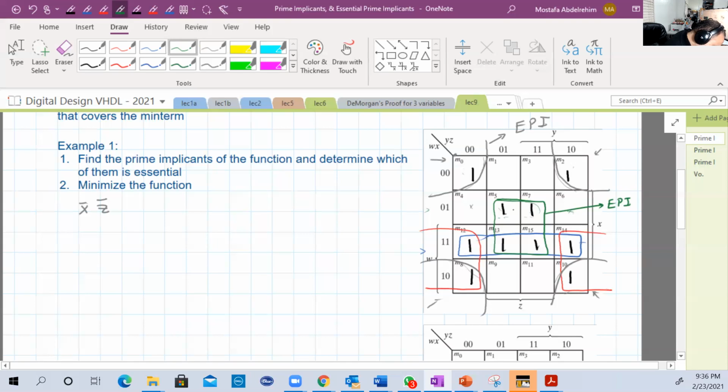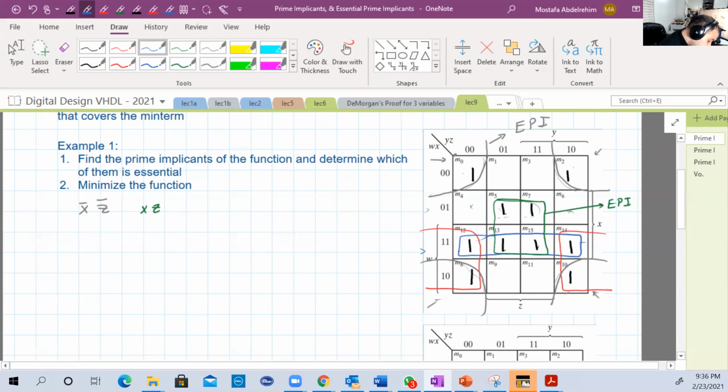W is changing, X is not changing, Y is changing, Z is not changing. So it is XZ. Yes, that's right.